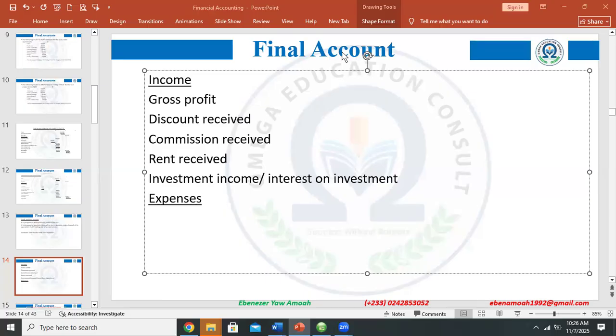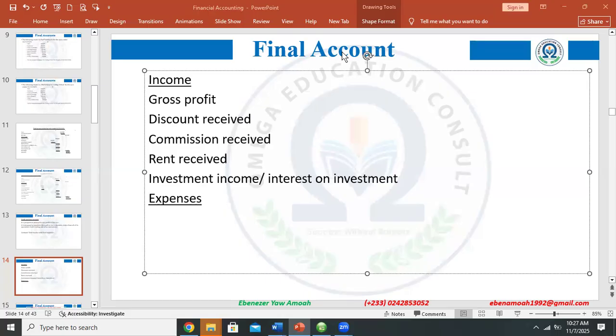Now let me put the distinction there so that I don't get confused. Income is what you are receiving for either rendering a service or providing a product, right? So even sales is an income. When you sell goods, but just that it's related to our trading, so we take it to the trading account to deal with it. Now, the other part is the gains. Gains don't come because you have done an exchange of a product or a service, but due to the normal course of doing business.